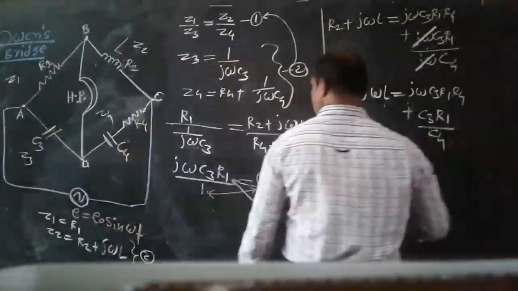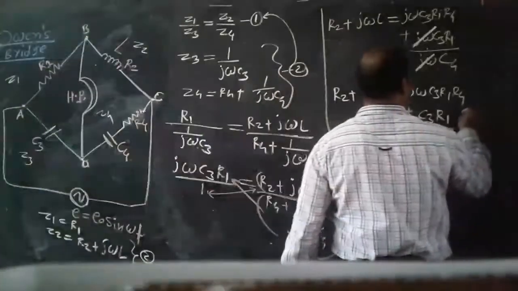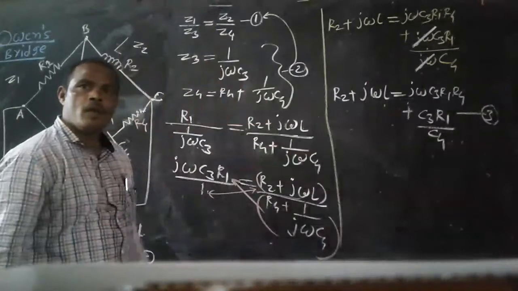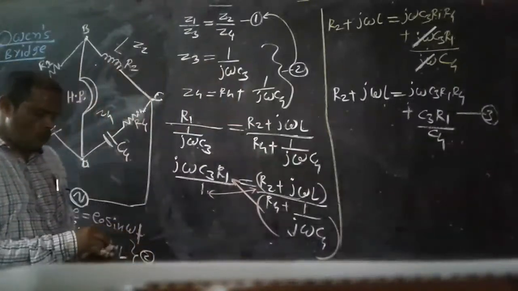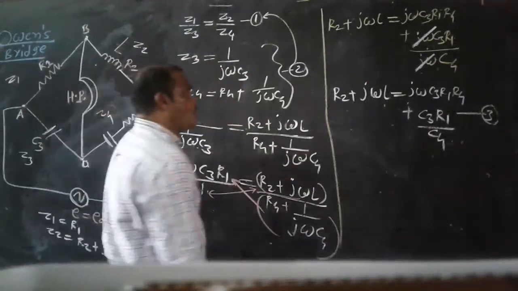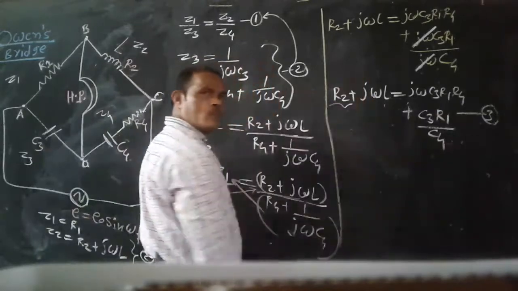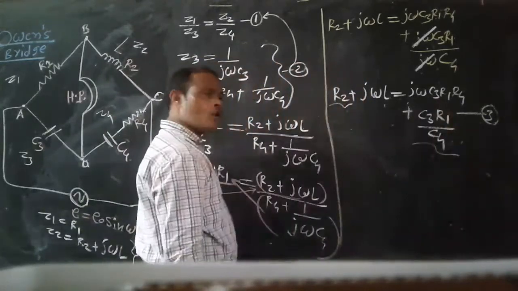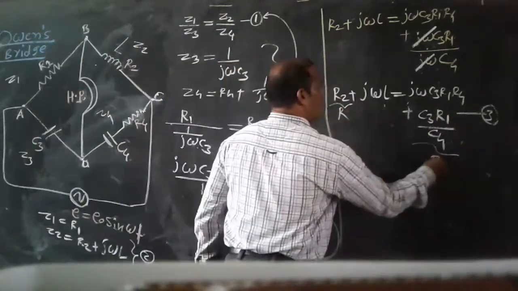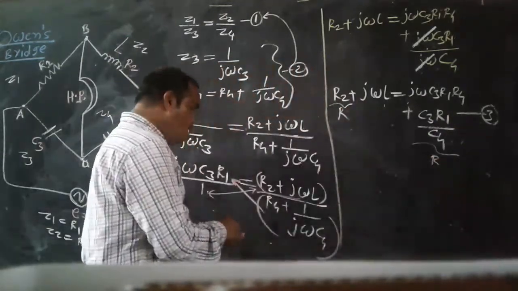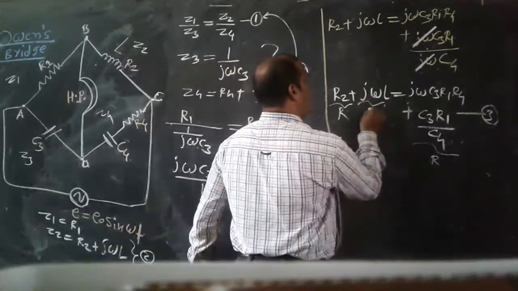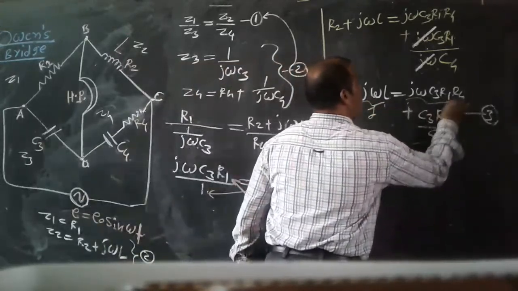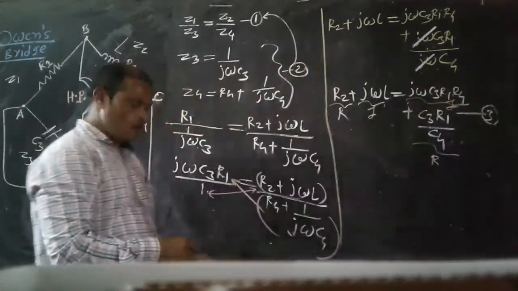Say it is equation number 3. Then equation 3 contains two parts: R2 is a real part, C3 R1 upon C4 is a real part, and j omega L is an imaginary part, the terms containing j omega being imaginary.